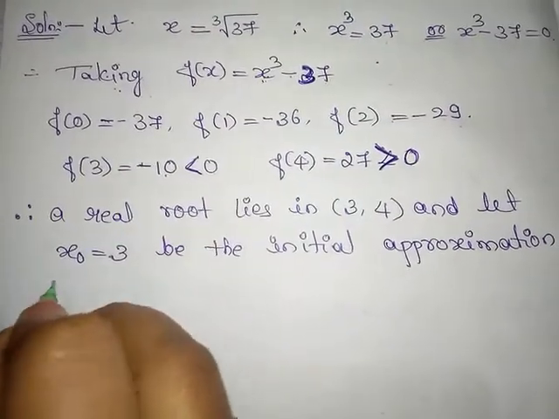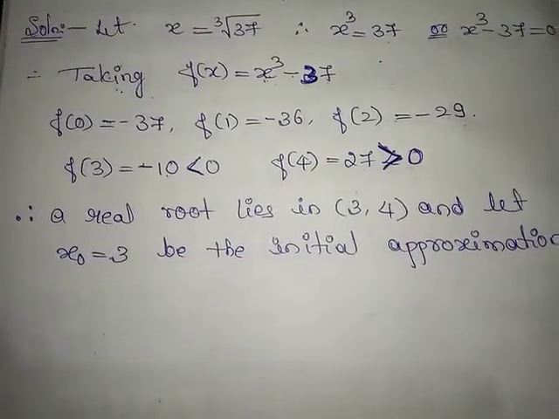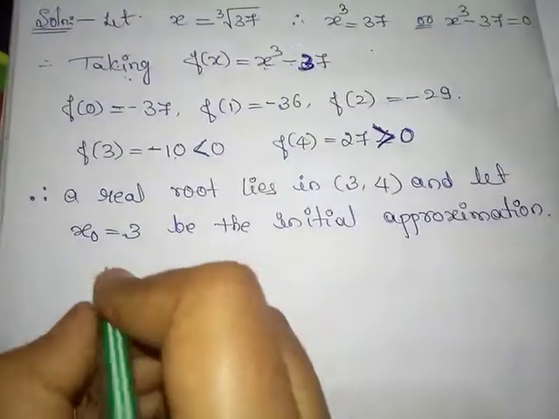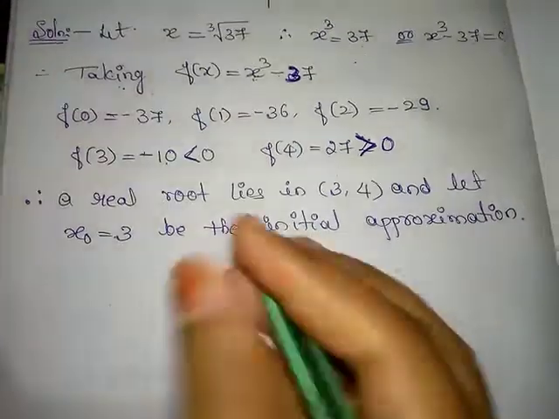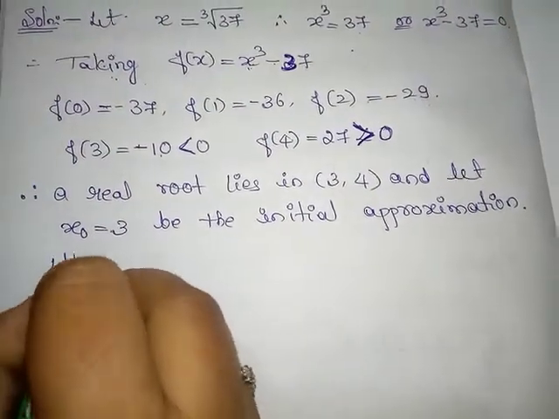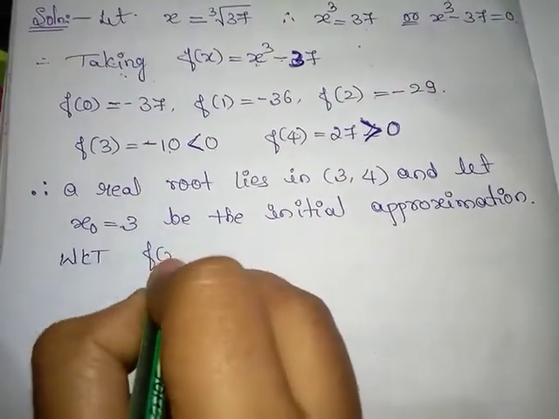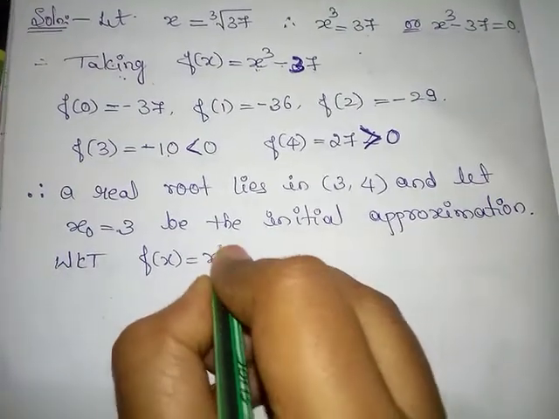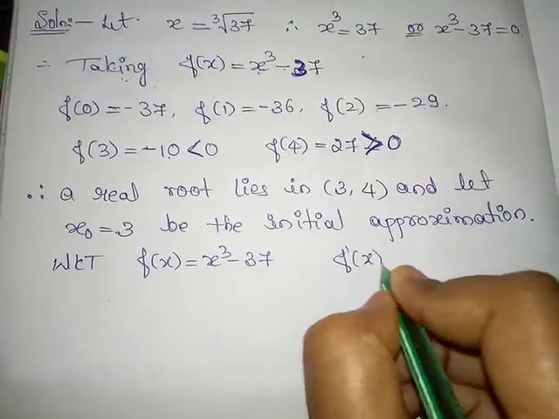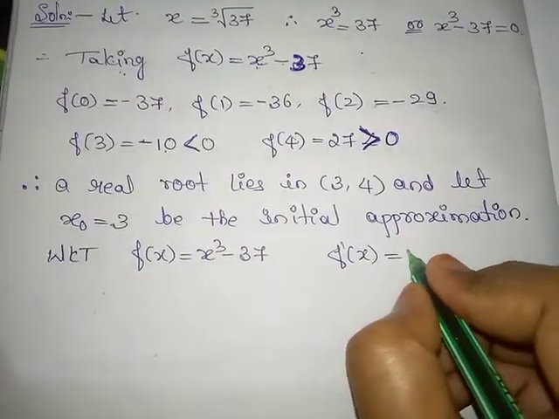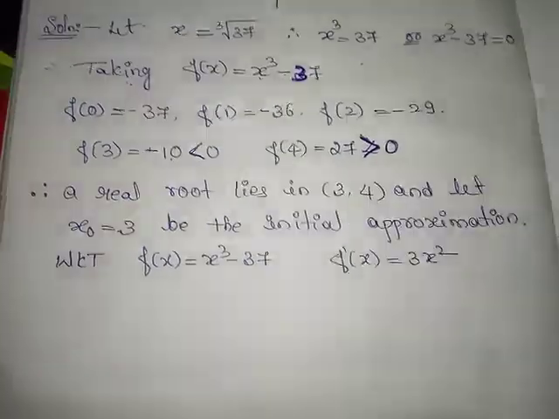Before going to the first approximation, let us see what will be f dash of x. We know that f of x is equal to x cube minus 37 and f dash of x is equal to 3x square. Right.